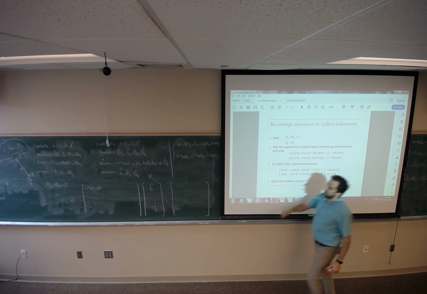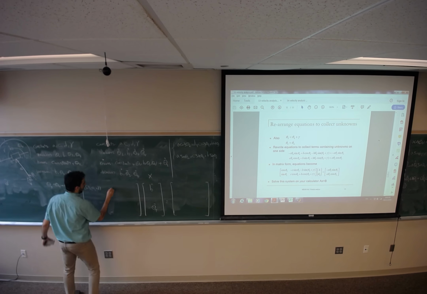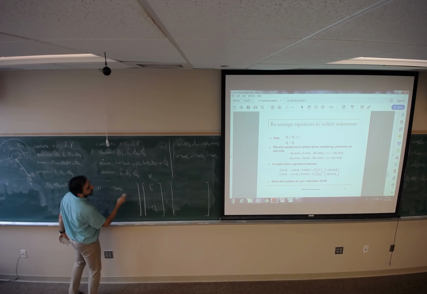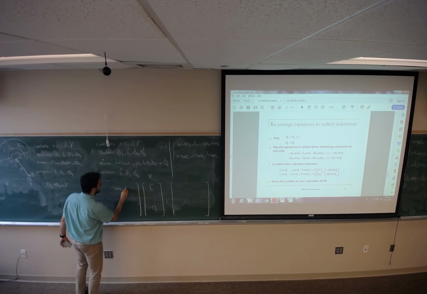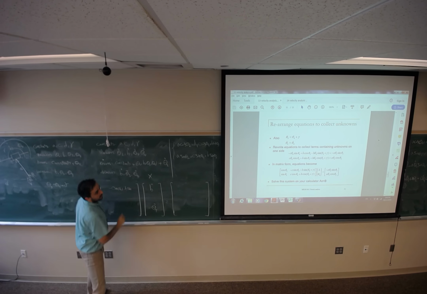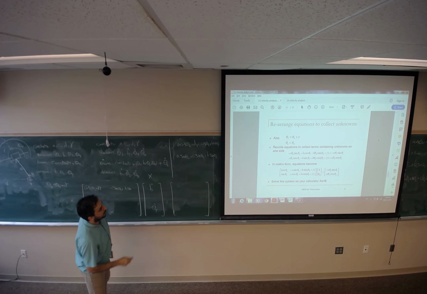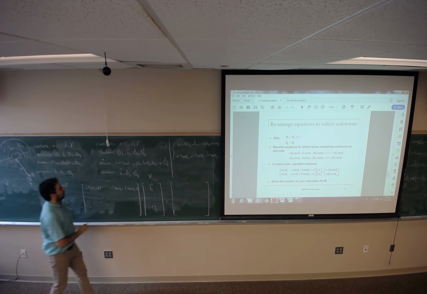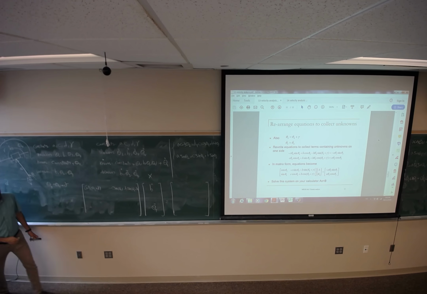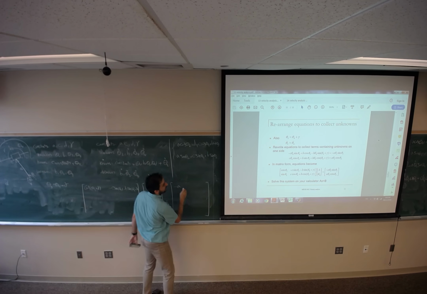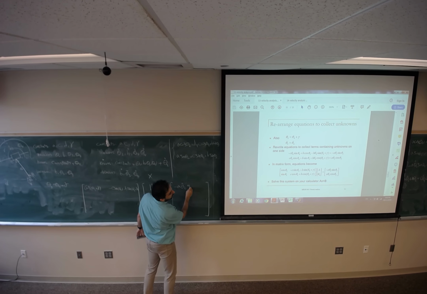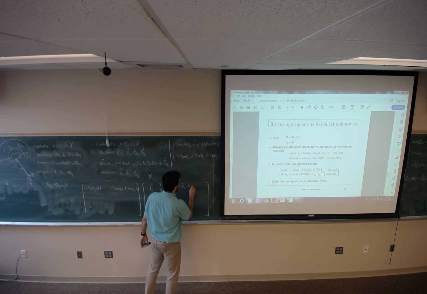Negative C sine of theta 4, negative B sine of theta 4 plus gamma. On the right hand side, it's the constant negative A theta dot 2 sine of theta 2.